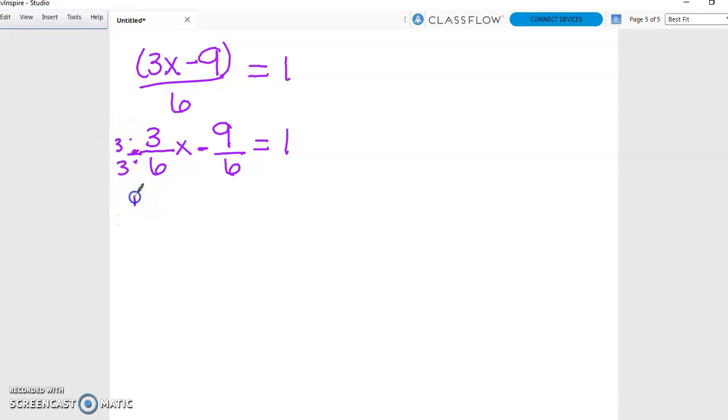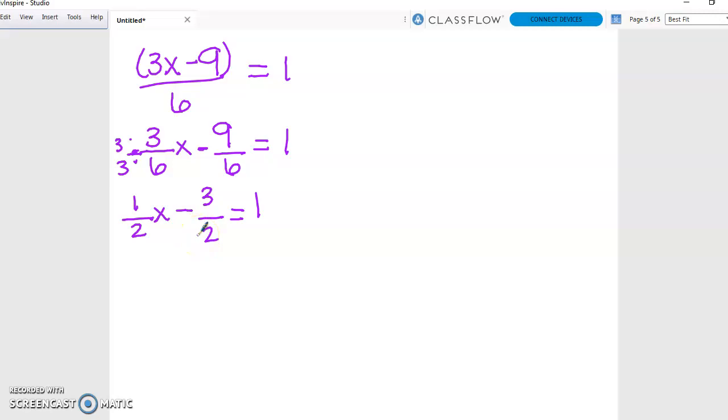So now we have 1/2 x minus, and we can simplify this 9 over 6 by dividing also by 3. So we have 3 over 2, all equal to 1.